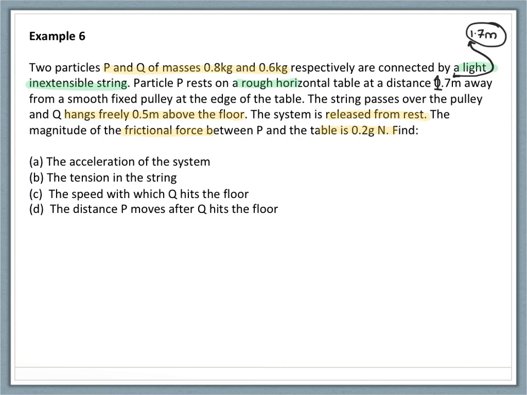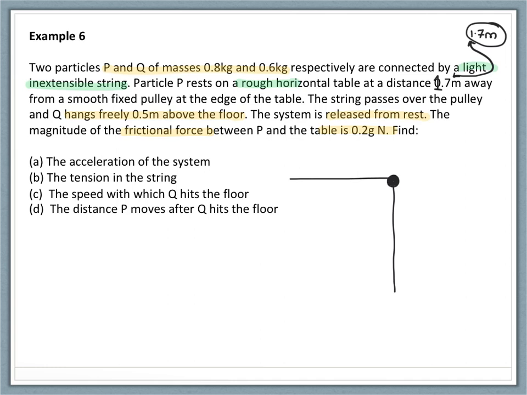The first 2 of which will be very, very quick to do once we've looked at our forces. So let's sketch the situation. We have a rough horizontal table, and here is the pulley at the end of the table, shaded in for clarity.